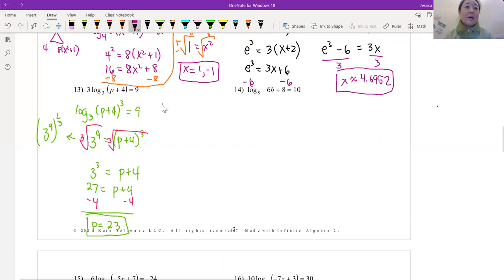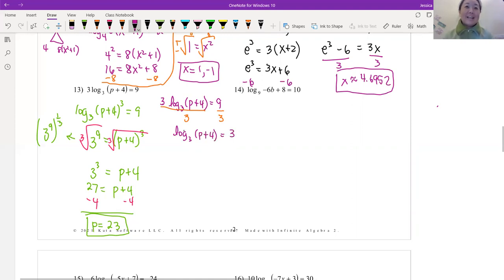And so I'm going to just copy this down. So 3 log base 3 of p plus 4 is equal to 9. Are you ready? Remember, this is a multiply by 3. So what we could do is just divide both sides by 3, right? That's how you get rid of 3. And so we get log base 3 of p plus 4 is equal to 3.